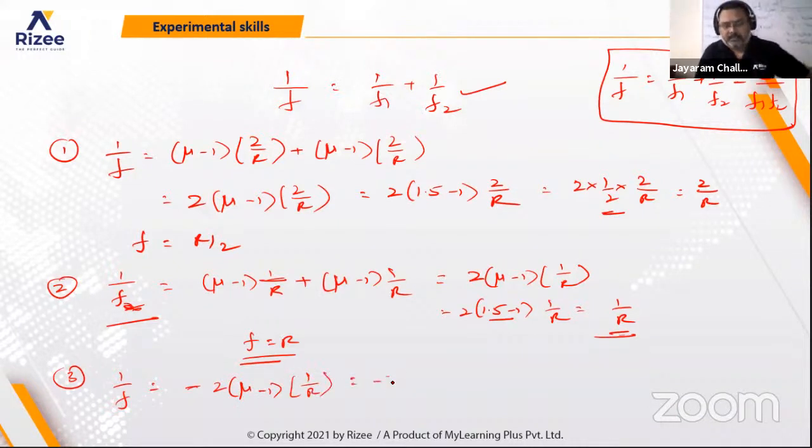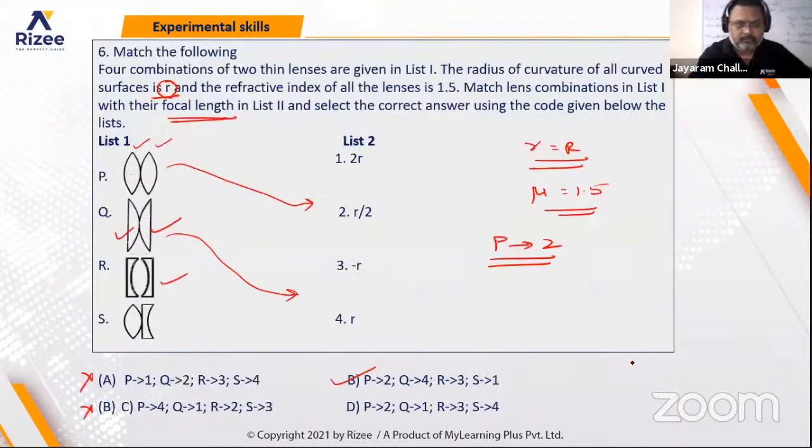So obviously it is minus 2 into 1/2 into 1/r, which will be minus 1/r, or f = -r. That means R is related to the third one. Right, these are the things we have derived.